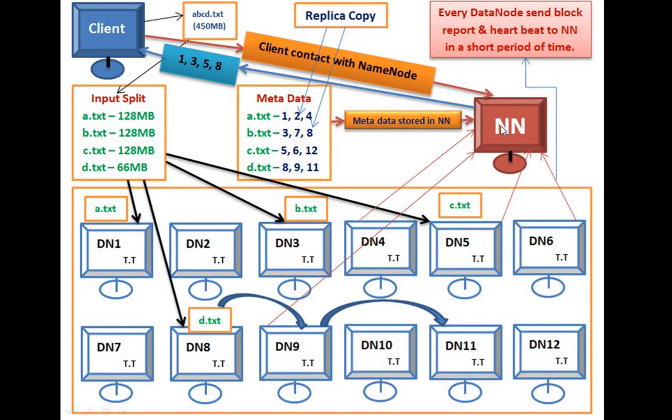DataNode and NameNode can communicate with each other, and every DataNode sends a block report and heartbeat to the NameNode in a short period of time. Every DataNode sends a heartbeat to the NameNode to say, hey NameNode, I am still alive and ready to work.